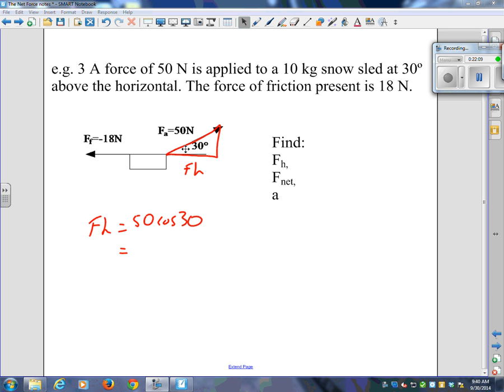Have you ever seen it where they draw it like this and then they give you this angle in here? Not usually, right? Usually when the thing is moving sideways, they give the angle in relation to above the horizontal. So when they do it that way, it's always going to be cos. If they do it the vertical way, well then it's going to be sine. But it very rarely happens. Okay, so here it's going to be 50 cos 30.